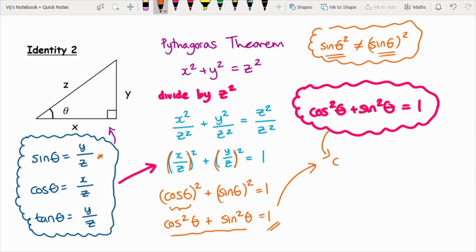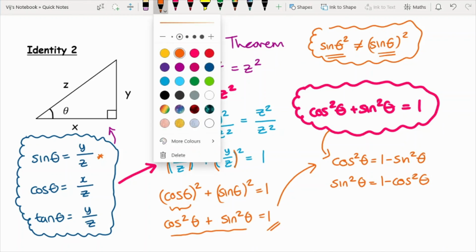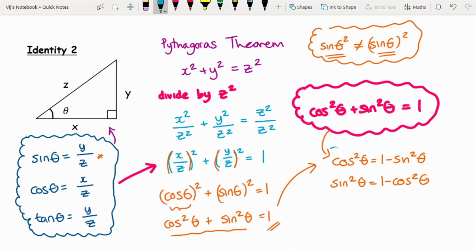Using this, we know that cos squared theta is equal to 1 minus sine squared theta, from a bit of rearranging, and also that sine squared theta is equal to 1 minus cos squared theta. That is also something you need to learn. Although they say there are two trig identities, learning the second trig identity in this format is equally as important.